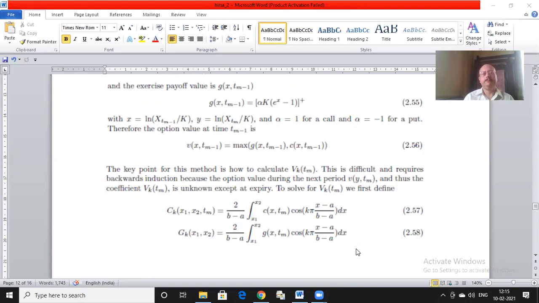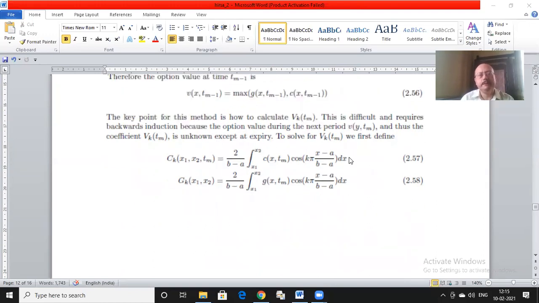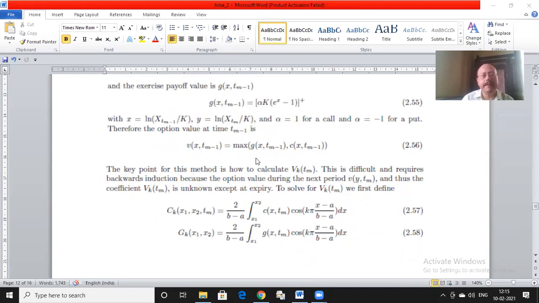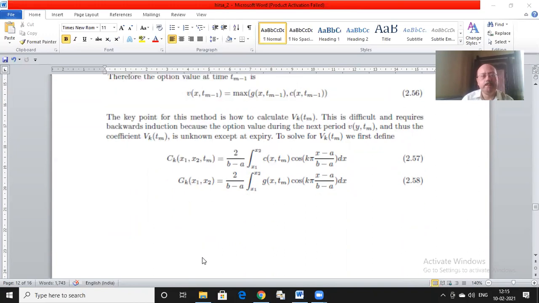For that, we define these quantities first. So these two quantities, C and G. CK is for the continuation payoff calculation, and G is for the exercise payoff calculation.